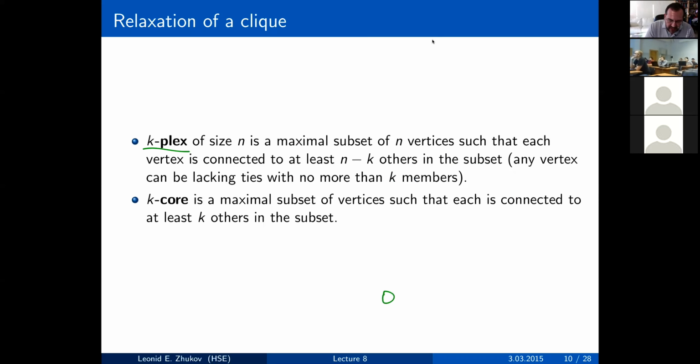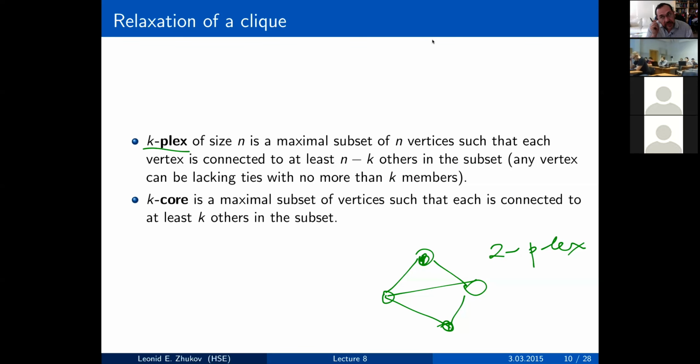Say if we have some simple graph and I look at this as a 2-plex, then this will be a 2-plex because, for example, this vertex is missing 2 ties. The way it's calculated is you count as missing a tie to itself here.